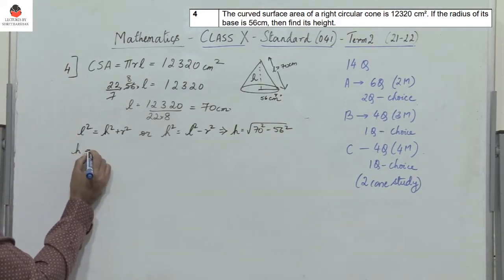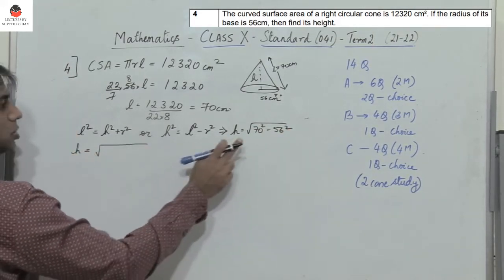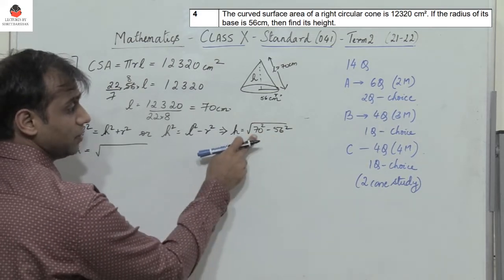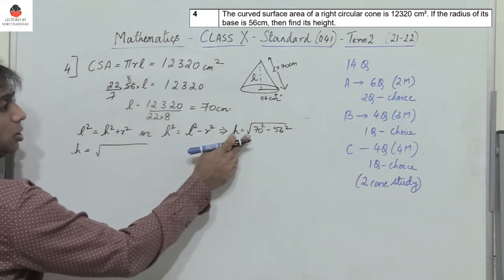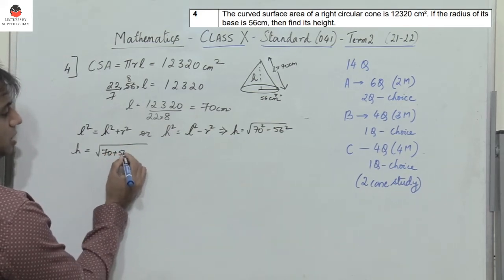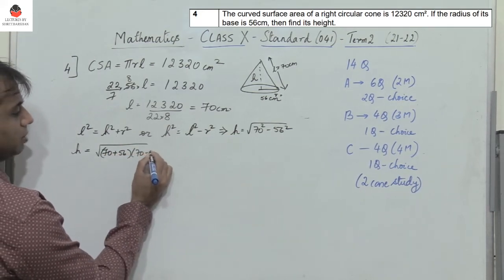So you can use the a square minus b square formula. So I have 70 plus 56 into 70 minus 56.